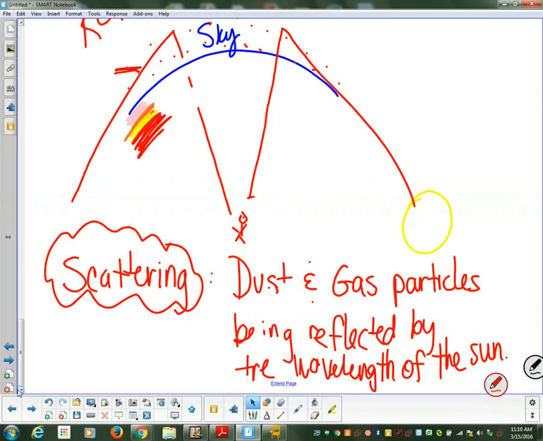Okay, so we start to see that Earth gets its energy through infrared, ultraviolet, and visible light.